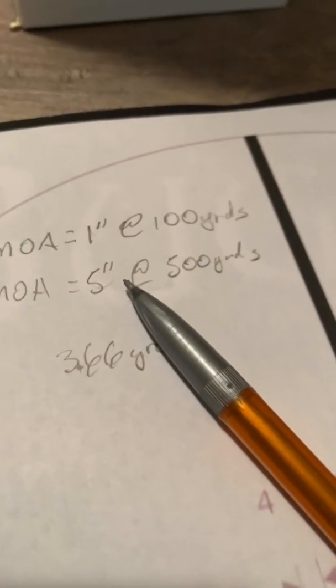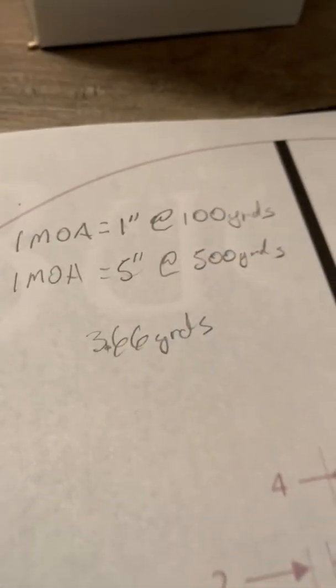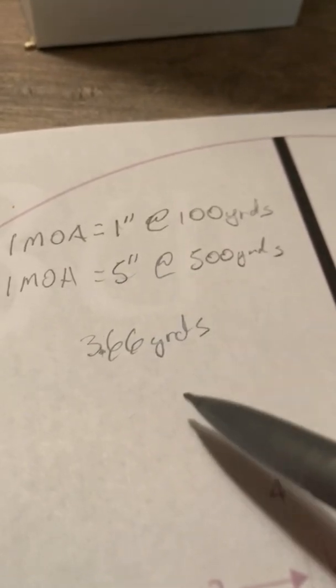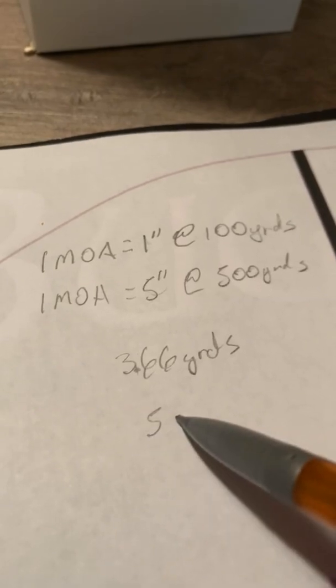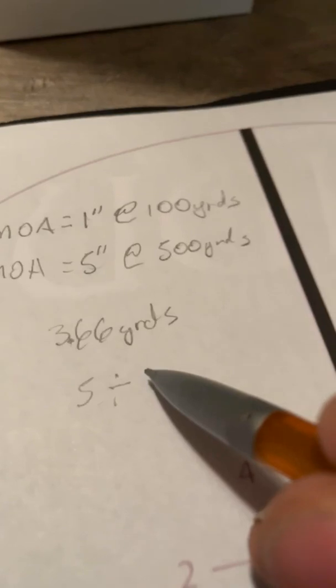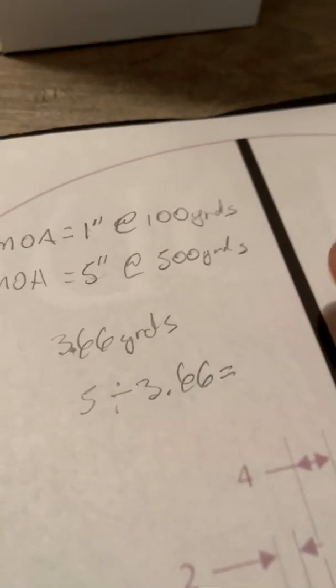And then you take your known, which is 5 inches, and you put it into your calculator. So you're going to put 5, and then you're going to divide by the range in hundreds, 3.66, equals.